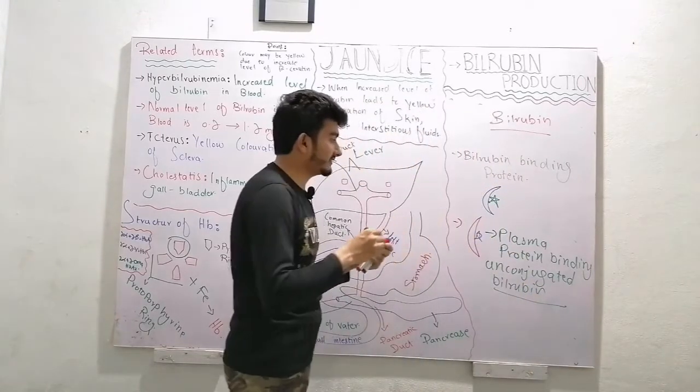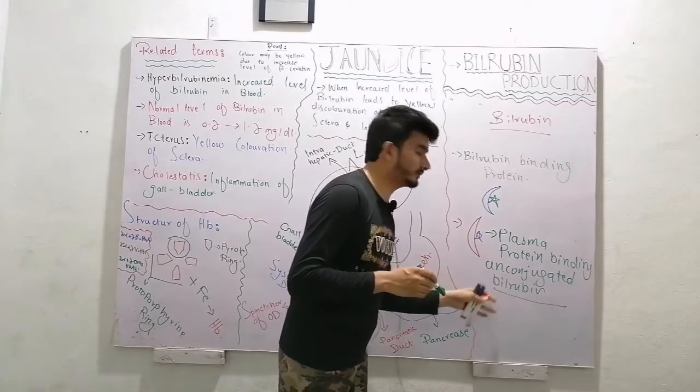Okay, this is called plasma protein bounded unconjugated bilirubin.